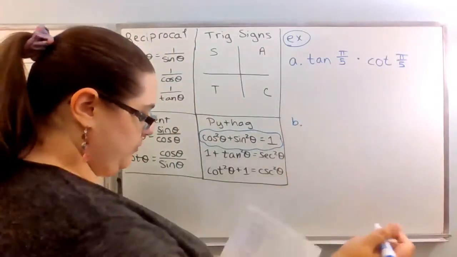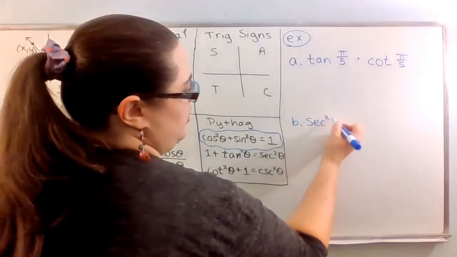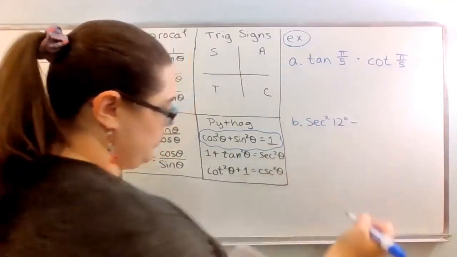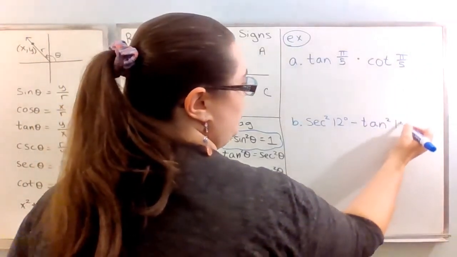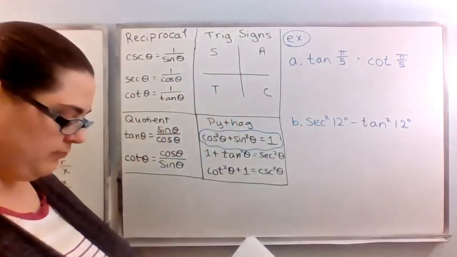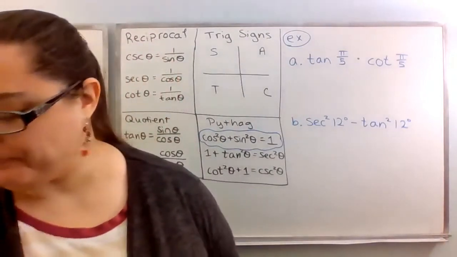And then for part B, I've got secant squared of 12 degrees minus tan squared of 12 degrees. Yeah, that seems good for now.